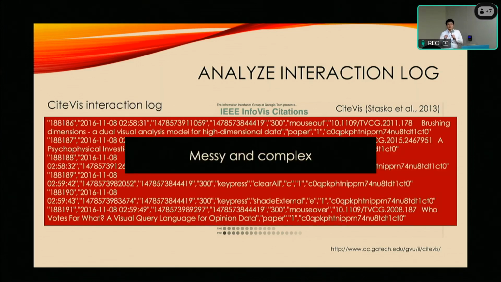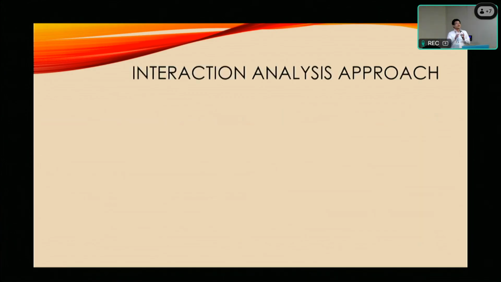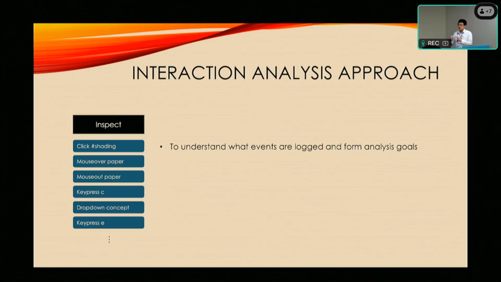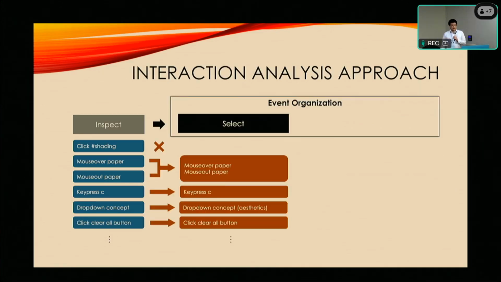So typically, for analysts to analyze this data, they use an interaction analysis approach. Using this approach, they start by inspecting the log, understanding basically what is logged, and maybe forming some analysis goals. How am I going to go about analyzing this data? After they inspect the data, they typically get into an event organization stage, where they start by selecting events that may be relevant to their analysis, which includes things that they care about.